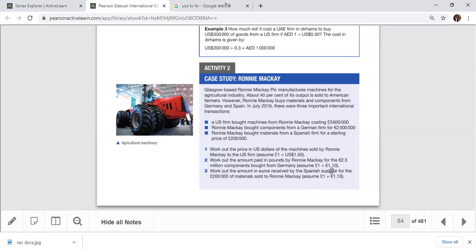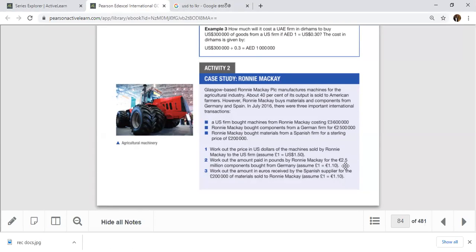So what you have to do is take the 2.5 million euro and divide it by 1.10. They're asking for the value in sterling pounds, and the value coming is not 2.5 million, it is 2.27 million.